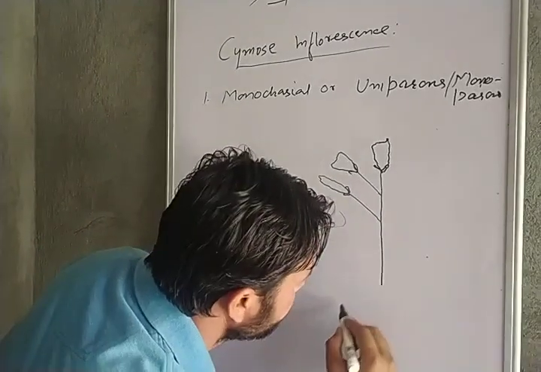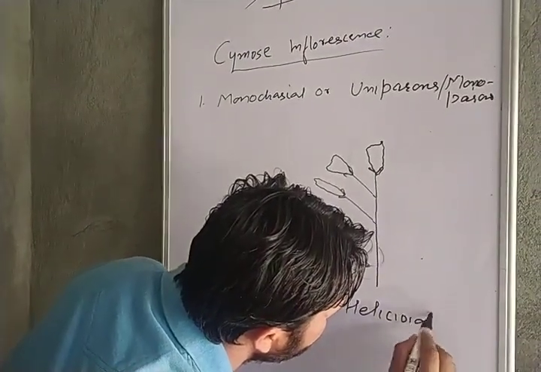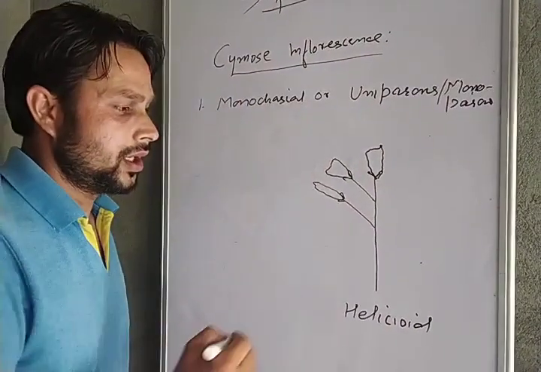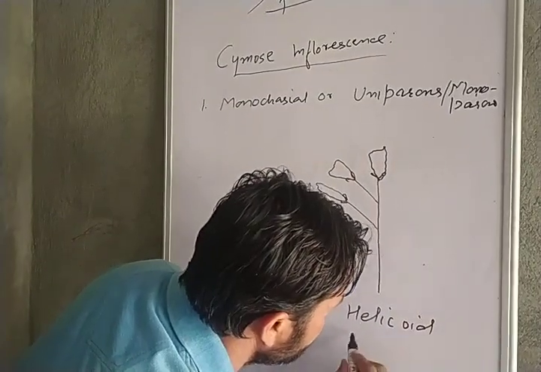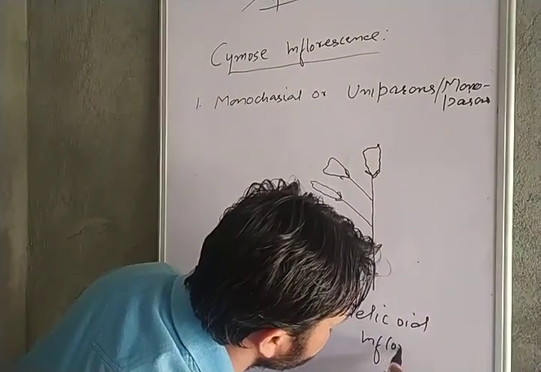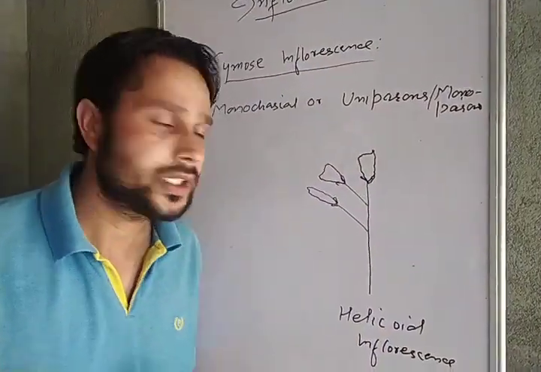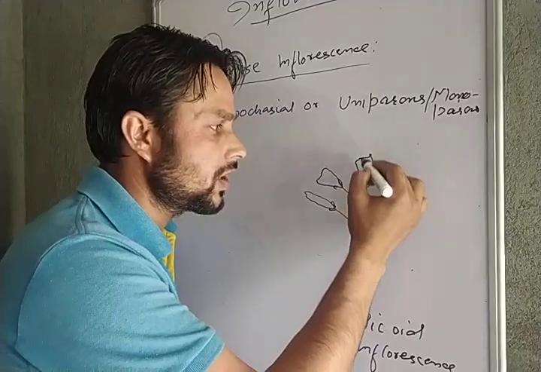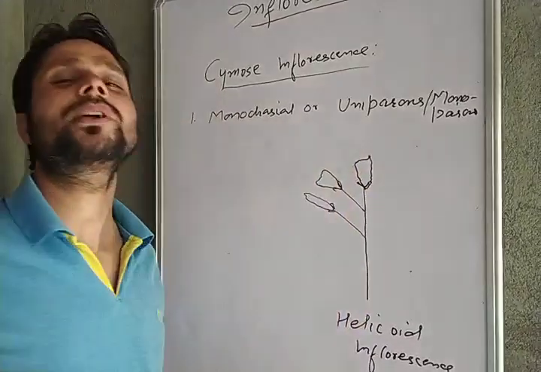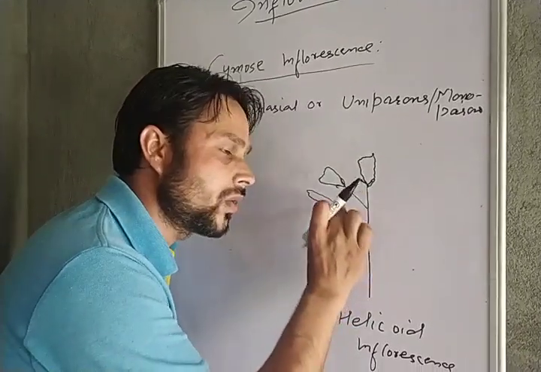Then it is called helicoid type of inflorescence. It is called helicoid when the floral axis terminates into a flower and the lateral branch arises only on one side.